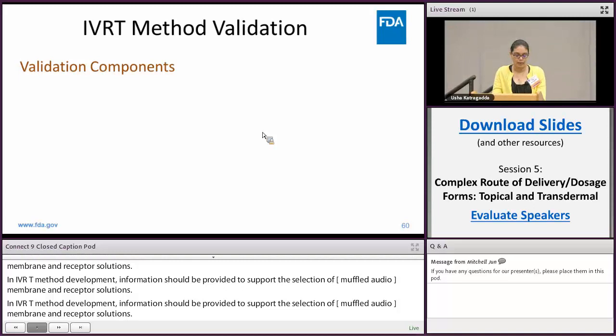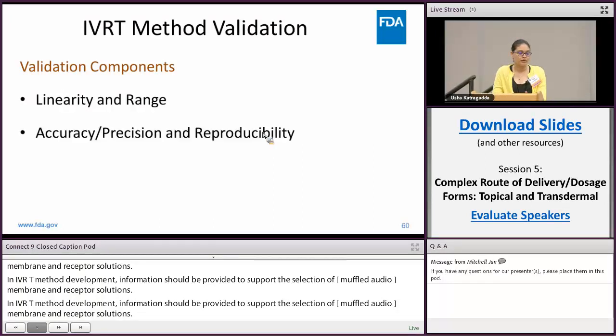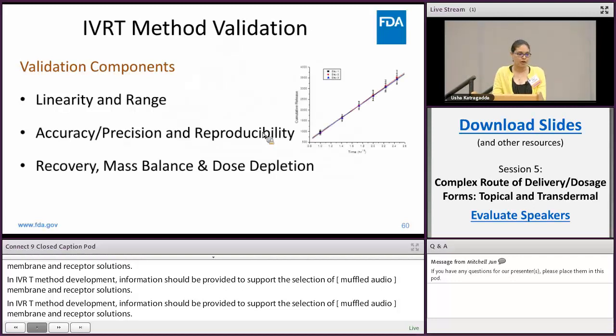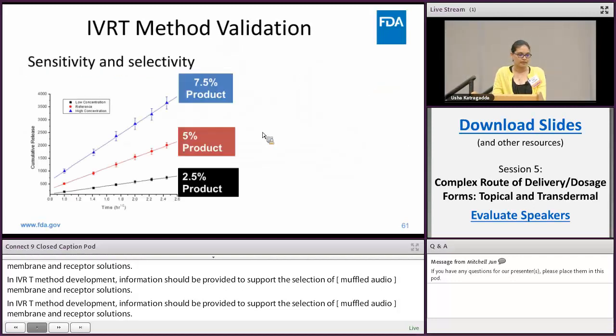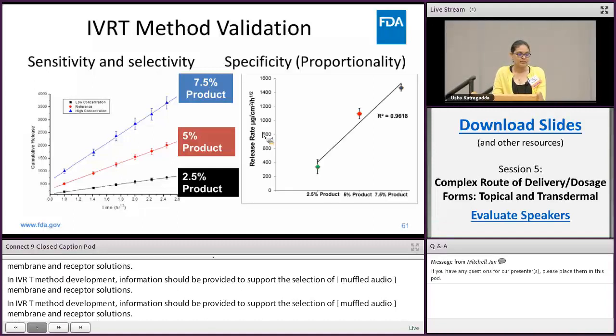The IVRT method, which is used in the pivotal study, should be validated. And due to time limit, I'm not going into details of these validation components. The IVRT method selection and discrimination ability is mainly supported by 3 concepts: sensitivity, selectivity, and specificity, as shown here.